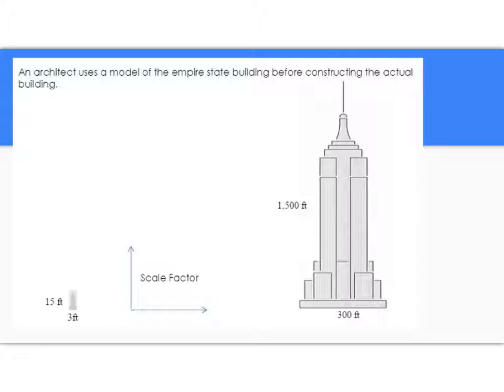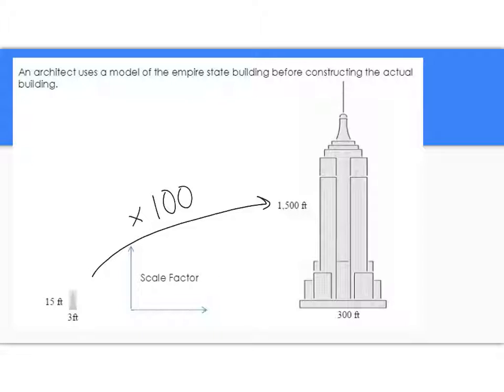So again, the question is, how do I get from 15 to 1500? And we're talking by multiplication. And you could figure that out with a calculator, but some people might be able to realize that 15 times 100 gives me 1500.